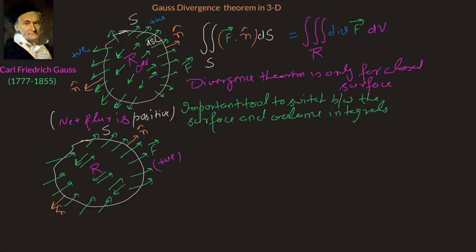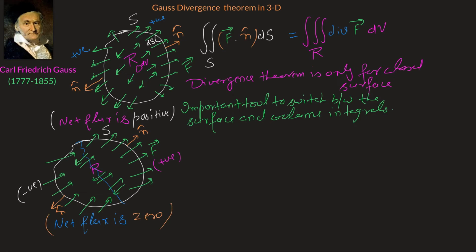But in this case the normal is in this direction and the vector field is in this direction, so this will give the negative flux. Since this figure is symmetrical, we can think of it as composed of two symmetrical parts. The flux due to this part is positive, due to this part is negative, and positive and negative in equal amounts are added, so this gives zero net flux. Net flux is 0 in this case.